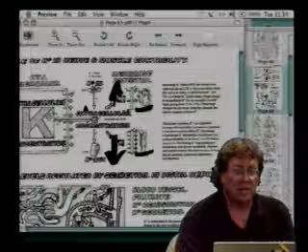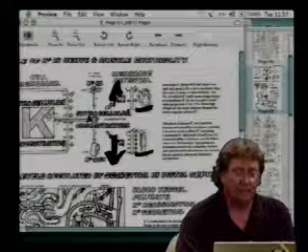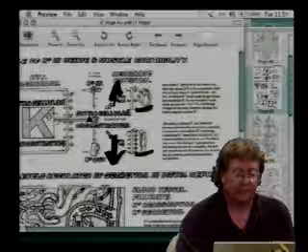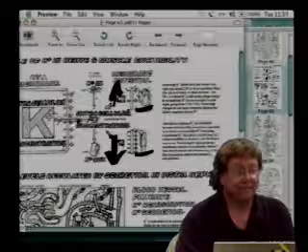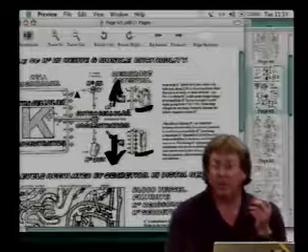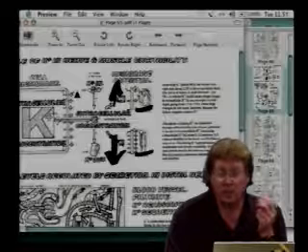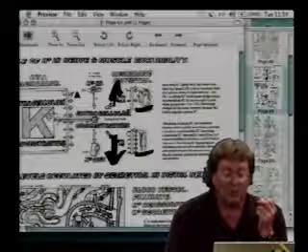Recall that it is involved in setting the resting membrane potential. So if you alter this relationship, you're going to alter the excitability of neurons and of tissues.